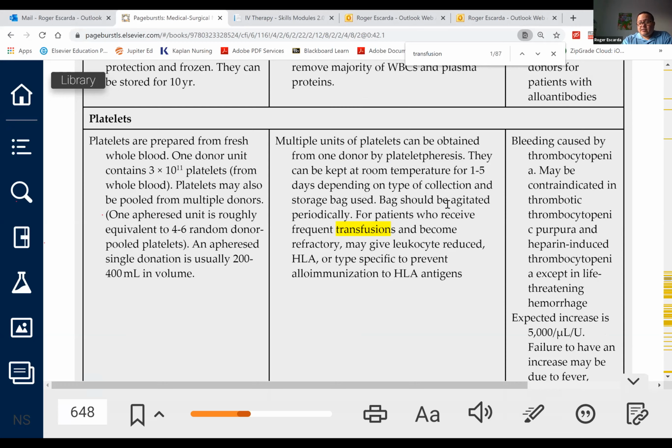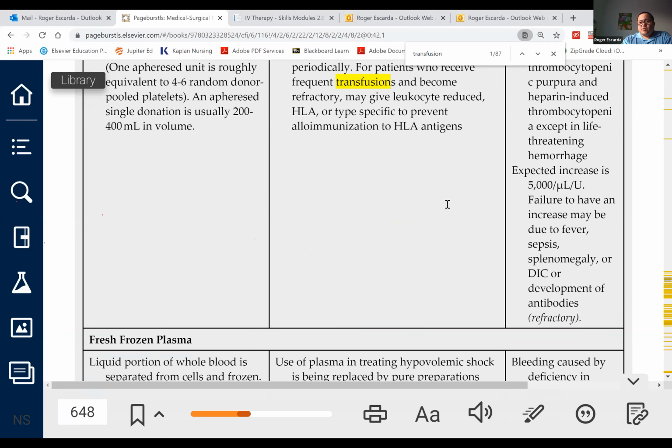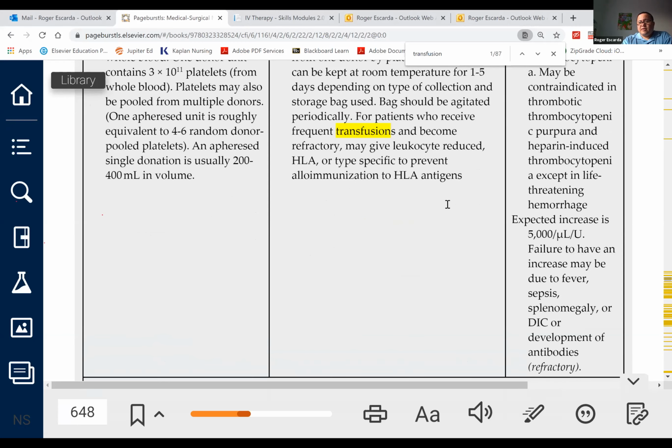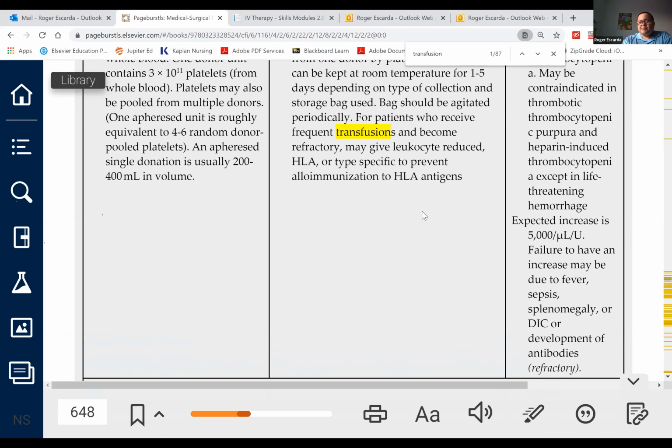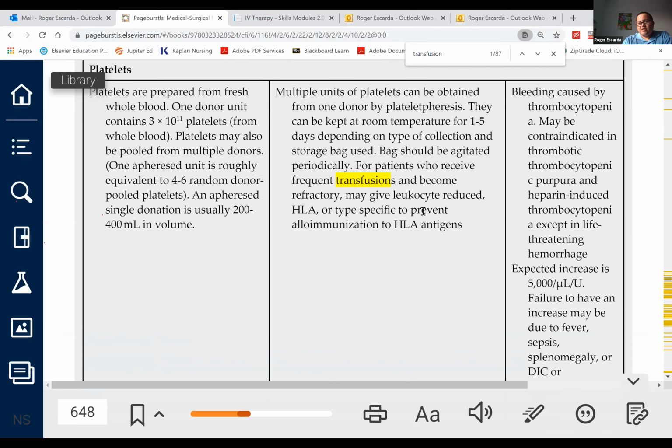Plus, they only last for a few days. So this will be given only if absolutely necessary. Usually the threshold is around, if your platelets are under 20,000, then that will be the indication. Unless you are actively bleeding, then that's an exception.